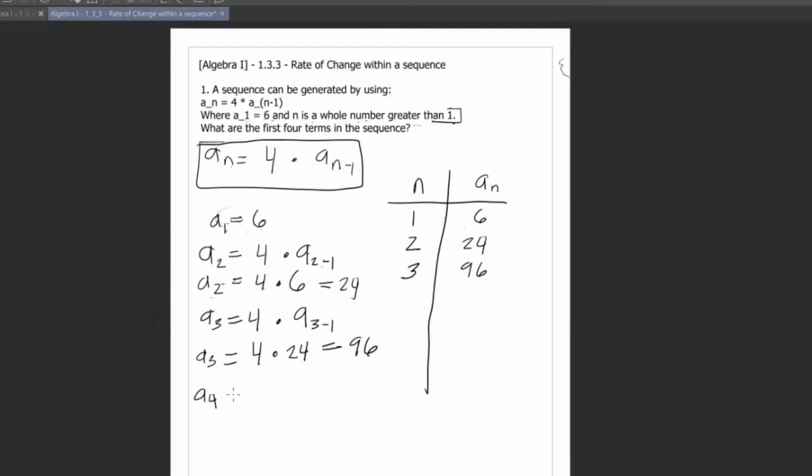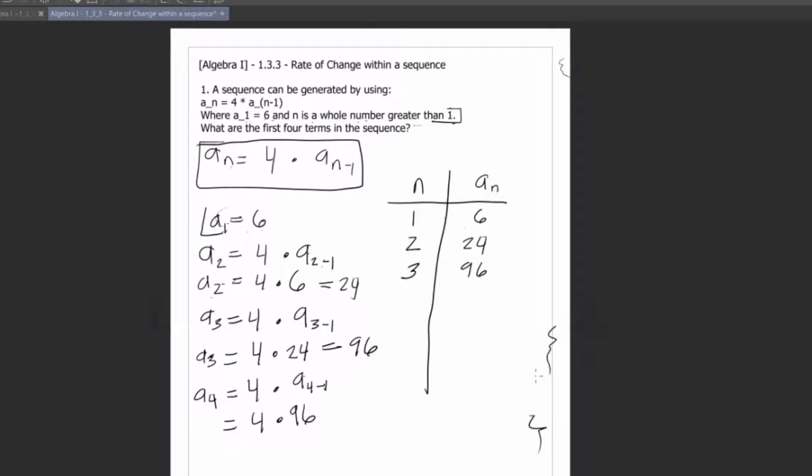A sub 4 equals 4 times a sub 4 minus 1. What is that? 4 times a sub 3, which is a sub 4 minus 1 here, which is 96. And to make this a little bit visually easier, let's see if this works.